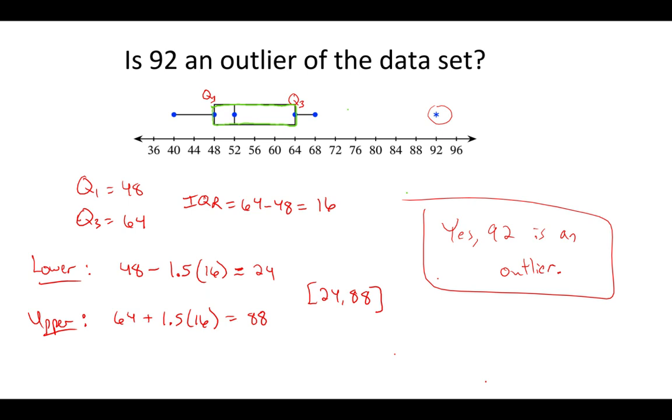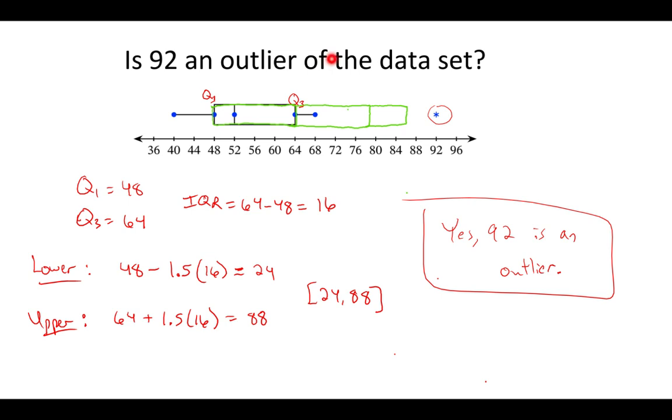So if I take this box and replicate it, it won't be exact, but 1 times that box would be about this big, just eyeballing it. Then another half of the box, maybe about right there. If the number falls outside of that, it's an outlier. You can pretty clearly see that on this one, that 92 would be outside of that.